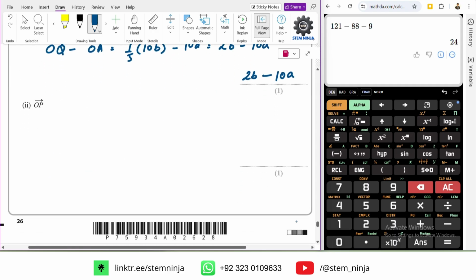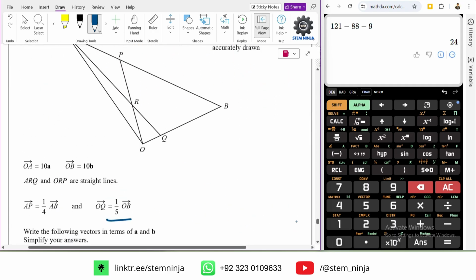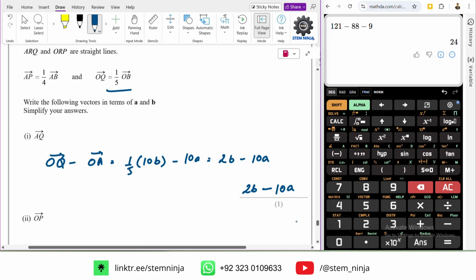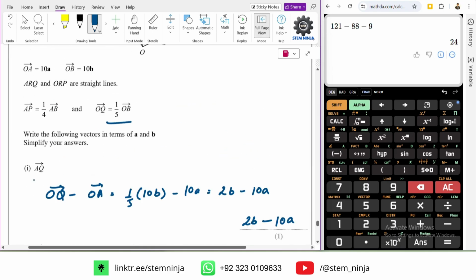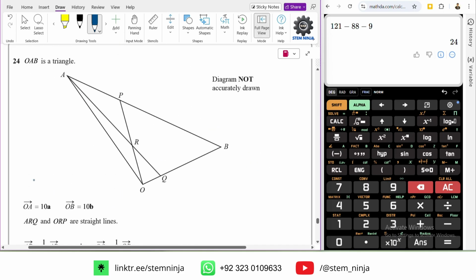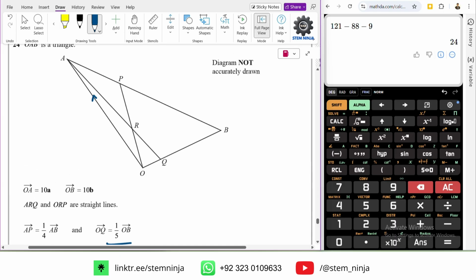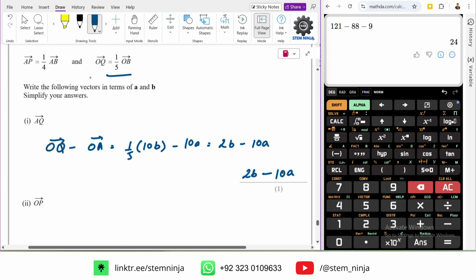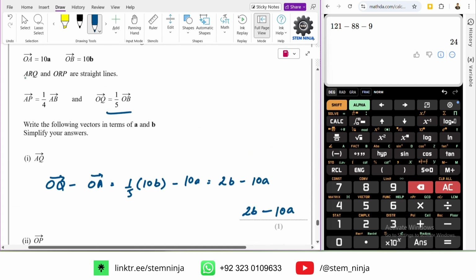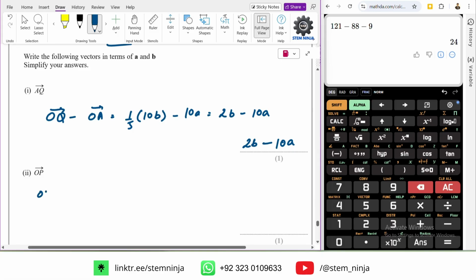Okay, then you have OP. For OP, we can go to OA and then AP. For that, we would need to figure out AB also. So OP would be OA plus AP.